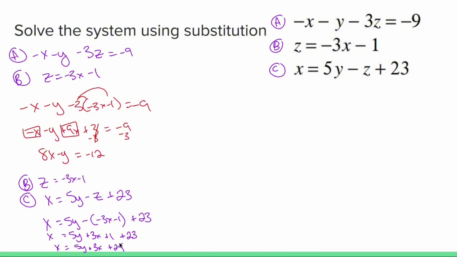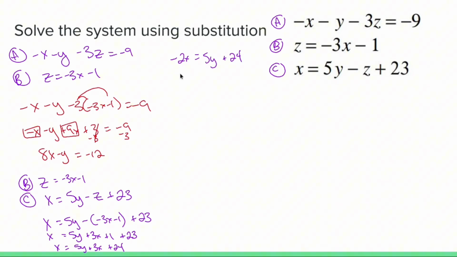I'm not even done yet. If I subtract 3x from both sides, that gets me negative 2x equals 5y plus 24.